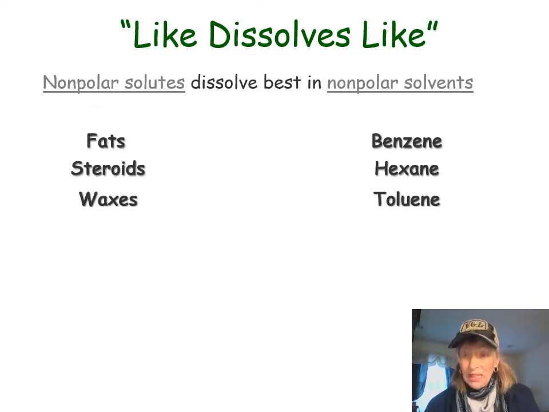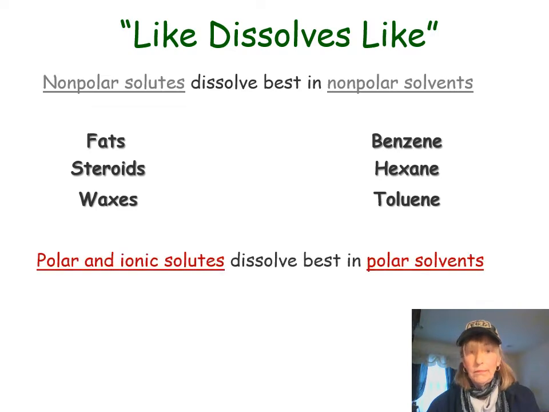Let's give you some examples of nonpolar solutes. Fats, steroids, waxes, all nonpolar solutes. They're going to dissolve best in nonpolar solvents: benzene, hexane, toluene. And polar and ionic solutes are going to dissolve best in polar solvents.